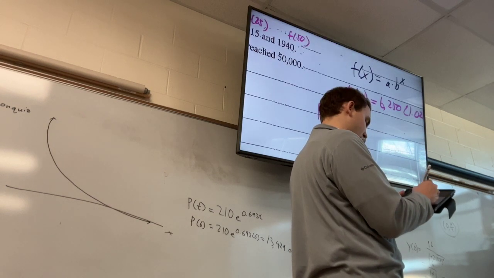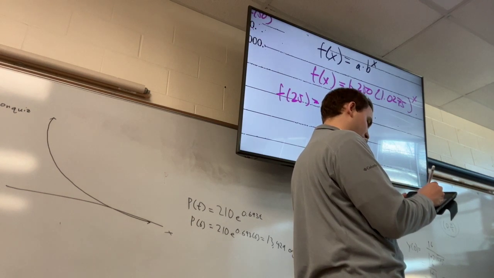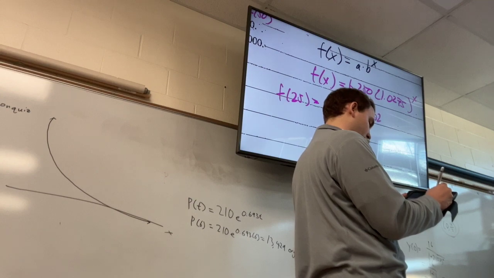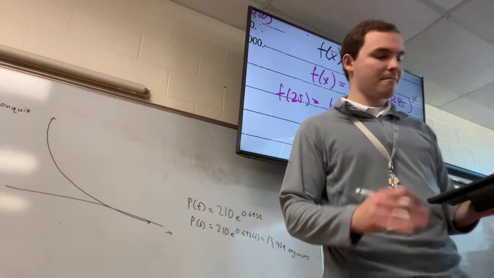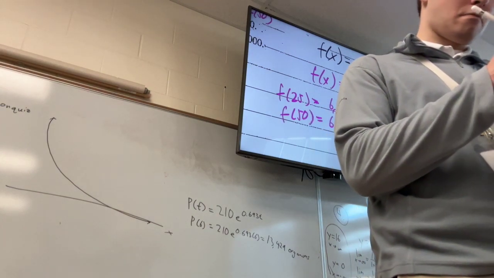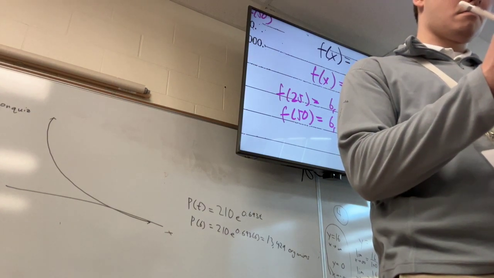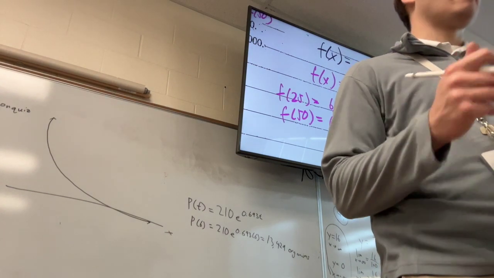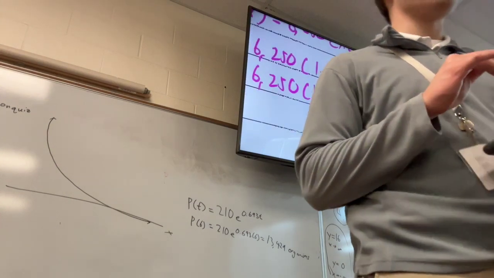So f of 25 equals 6,250 times 1.0275 to the 25, and then you can do that on your calculator. Same thing for f of 50. Are you comfortable doing exponential stuff on your calculator? Just use the exponent button.